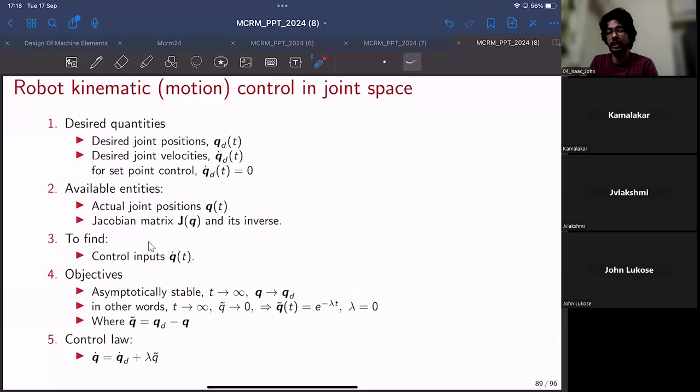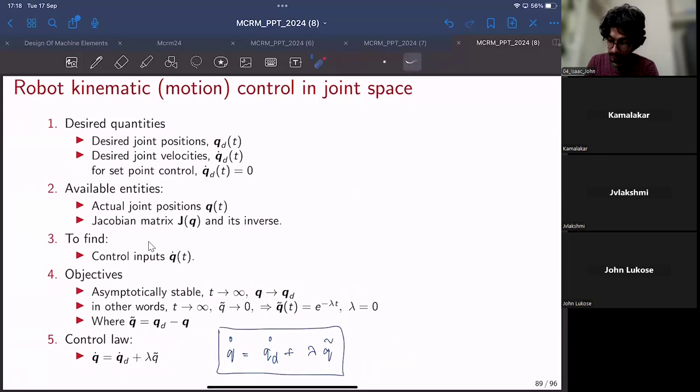Then you can guarantee that your system is asymptotically stable. For that, the control law is as per this: the control input q dot is q desired dot plus lambda multiplied by q tilde. q tilde is the error term, and in this case, this is the feedback term. How we derive this equation, you can refer to our live discussions on week 7.